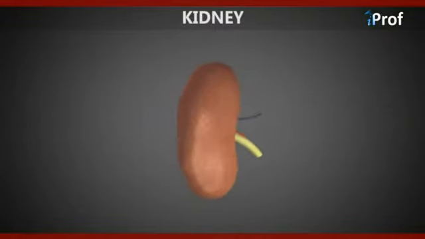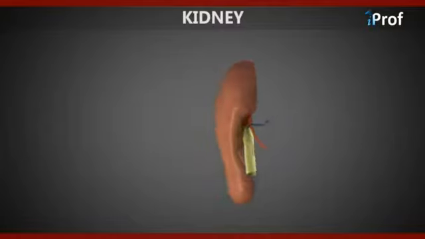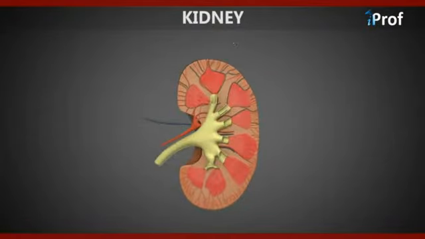Diagrammatical representation of the kidney. Outermost is called fibrous capsule. Kidney is the bean shaped, internally divided into the two parts.